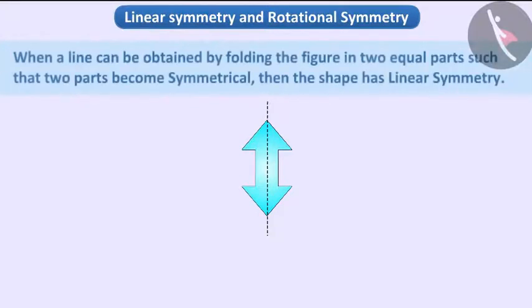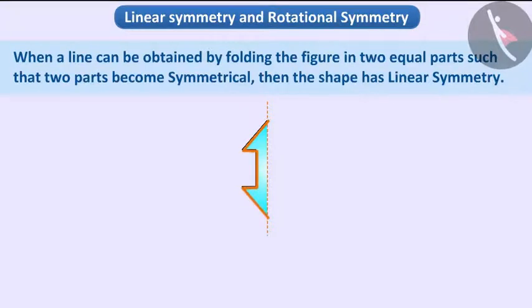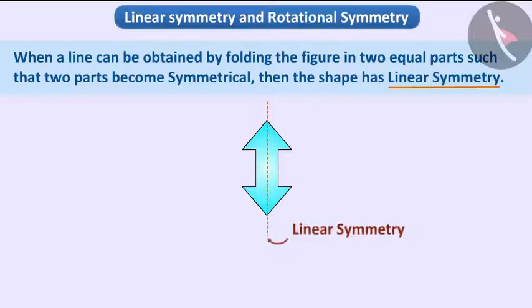Thus, when a line can be obtained by folding the figure in two equal parts such that the two parts become symmetrical, then the shape has linear symmetry. Therefore, this shape has linear symmetry. That is, this shape is symmetric.